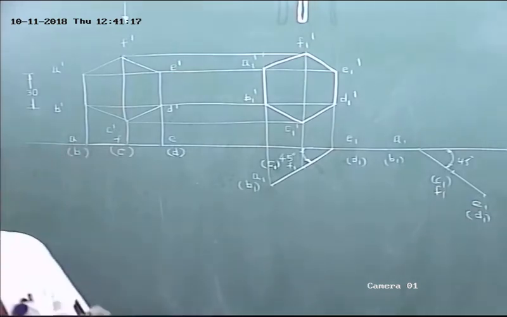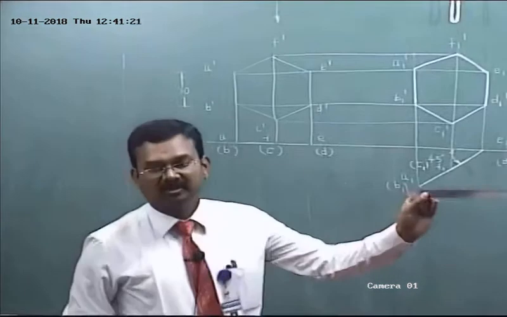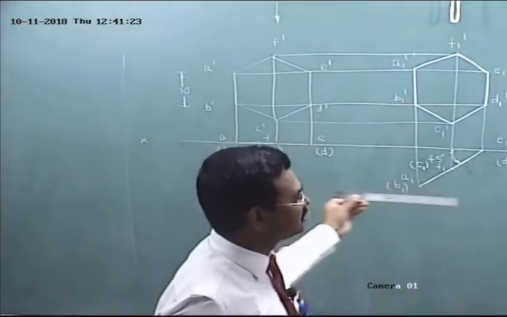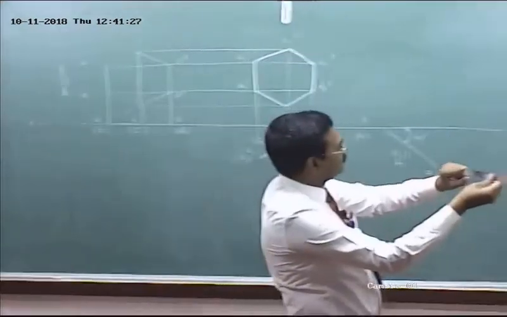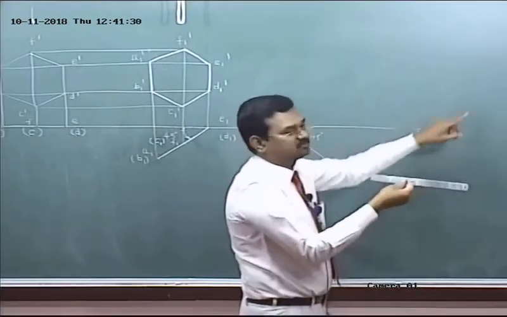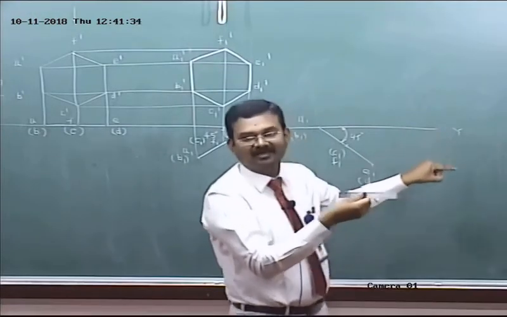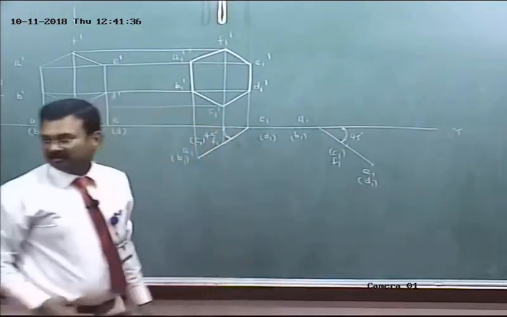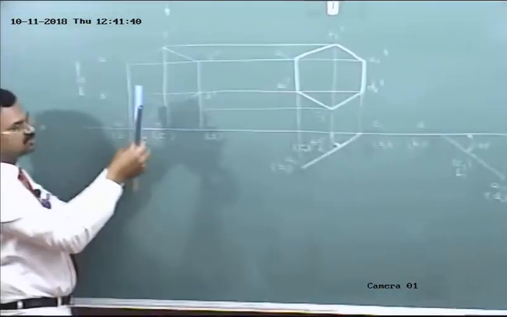One minute. Refer to the projection of straight line. When the line is inclined to VP, what about the front view? Consider it's a point, A dash, B dash. Front view is a line, but it is smaller than actual length, am I right? Here, the plane surface is inclined to VP.